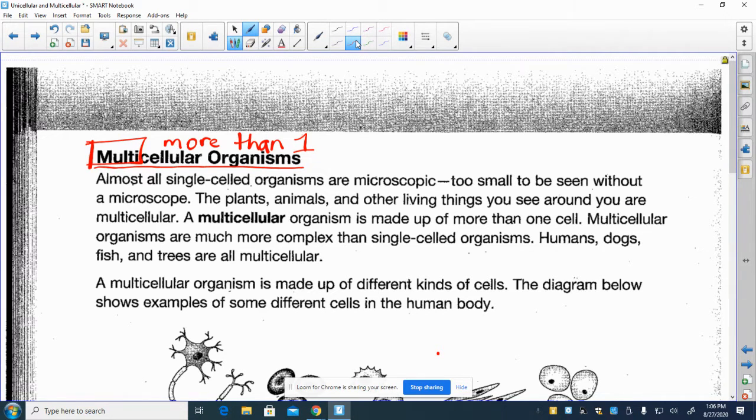They have that base here of multi, meaning more than one. So multicellular organisms, we know that an organism is a living thing, and we know that cells are in all living things. You've learned about unicellular, and uni means one. So multicellular means more than one. Today we are going to be learning about organisms that have more than one cell.